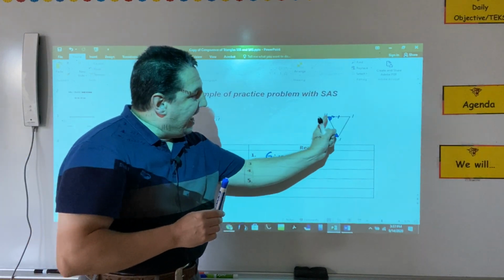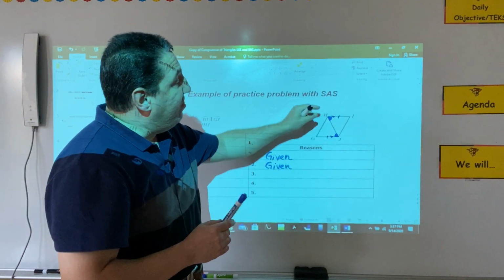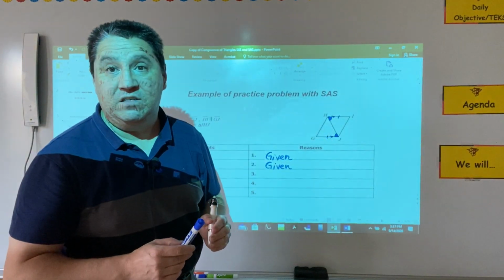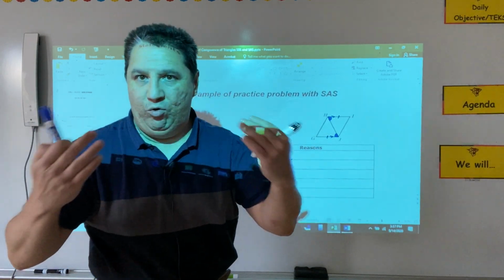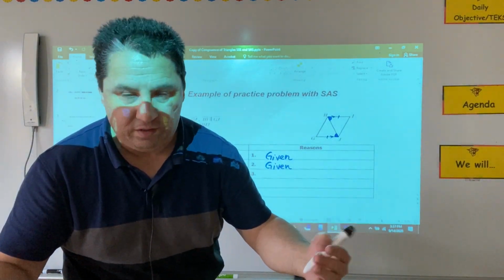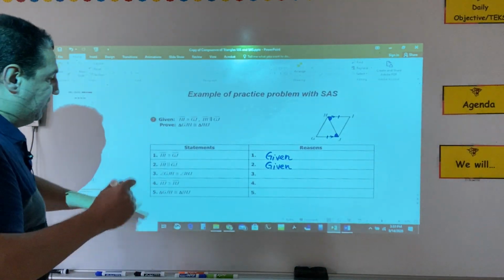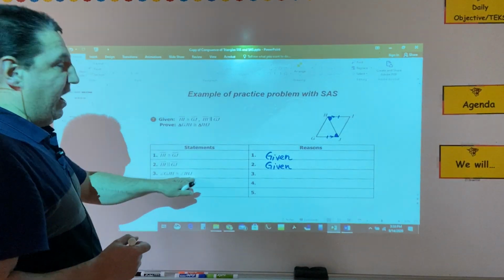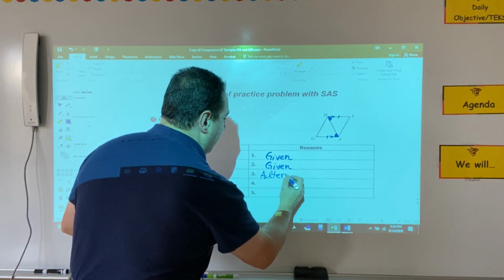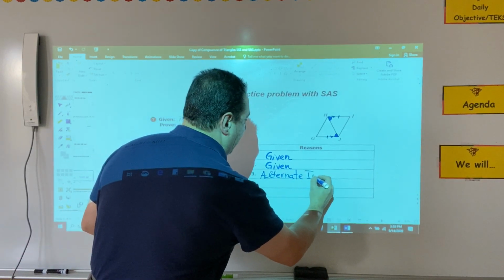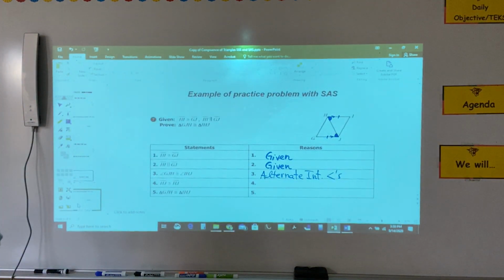Why? Because they are on opposite sides of the transversal and are between the parallel lines. What do we know about alternate interior angles? We know they are always congruent, or have the same measure. So we can say these two angles are congruent because they are alternate interior angles.